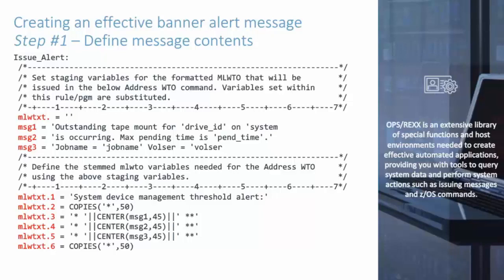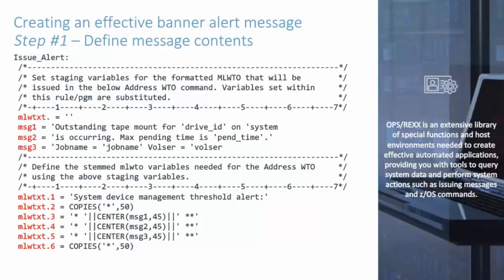Using these defined data lines, the next step is to construct the stem variables that will be used in the complete MLWTO contents. Note the stem variable of MLWTXT.1. Consider this to be the title line of the alert, and it should adhere to some type of defined alert classification. In this case, the alert being generated is for outstanding tape mounts, so the text of System Device Management will be used.